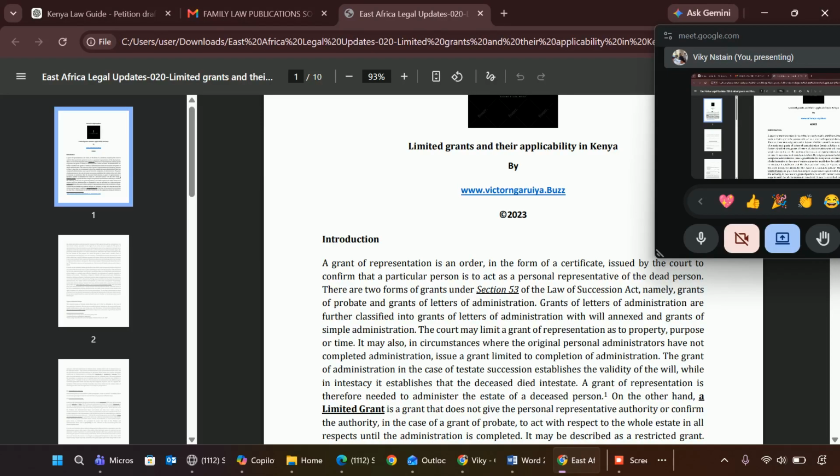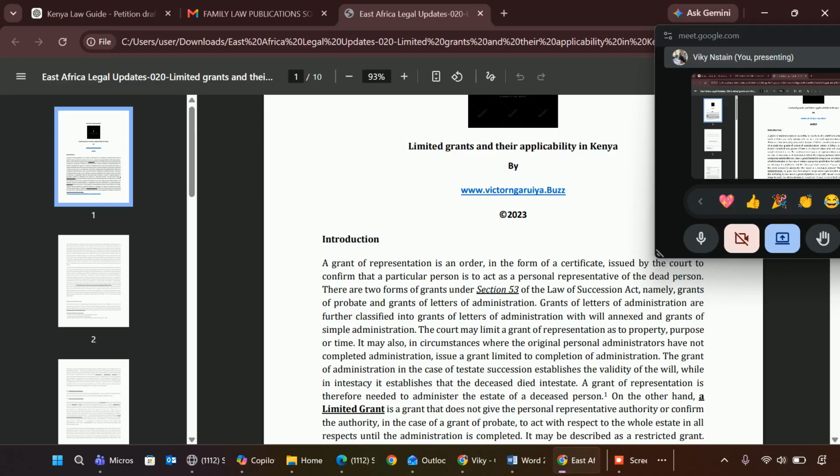Then you should note that grant of letters of administration are further classified into grants of letters of administration with will annexed and grants of simple administration.